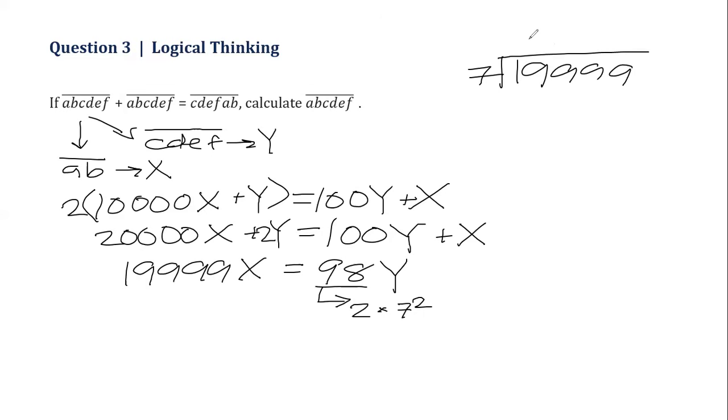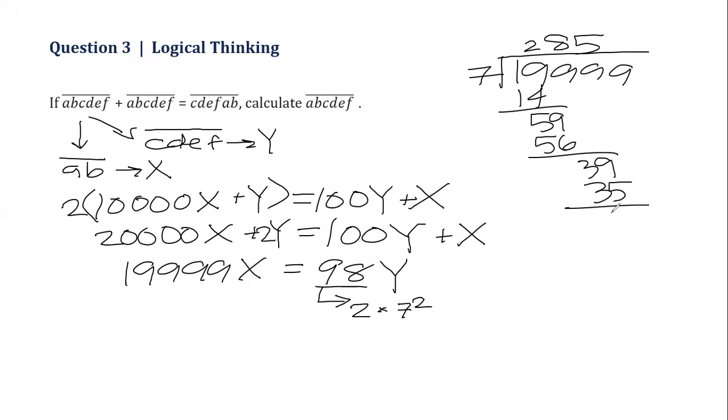So dividing this, 2 is 14, bring down 9, 59. 59 divided by 7 is 8, which gives us 56. This is 39. 39 divided by 7 is 5, this is 35.